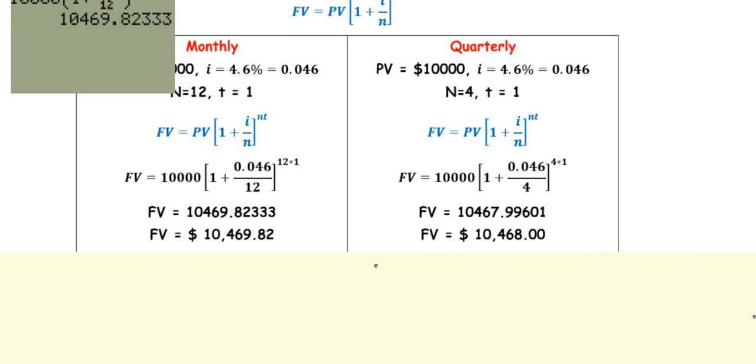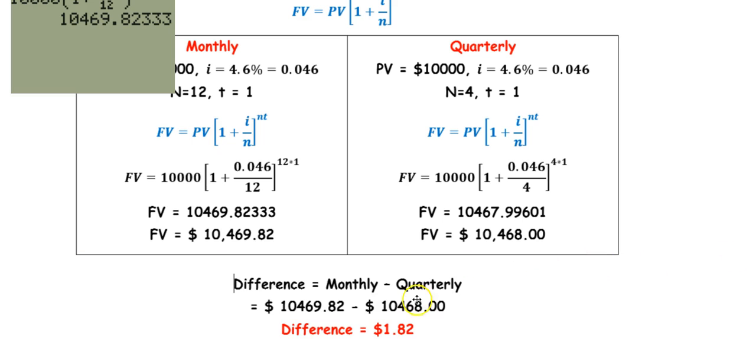Now, what is the difference between the balance calculated monthly and quarterly? Obviously the first future value is slightly larger than the second, so monthly is better than quarterly. By how much?